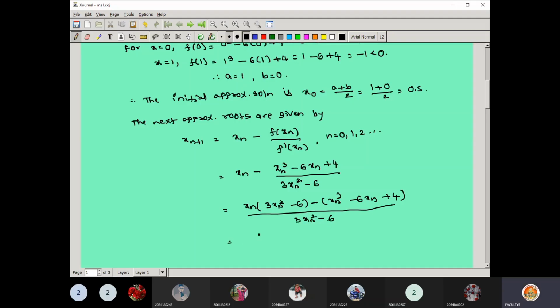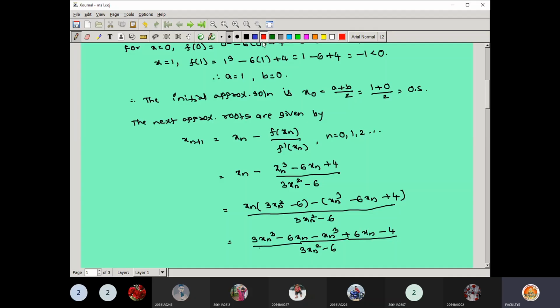I am just doing the simplification only. So numerator 3xn cube minus 6xn minus xn cube plus 6xn minus 4, divided by the same value, 3xn square minus 6.